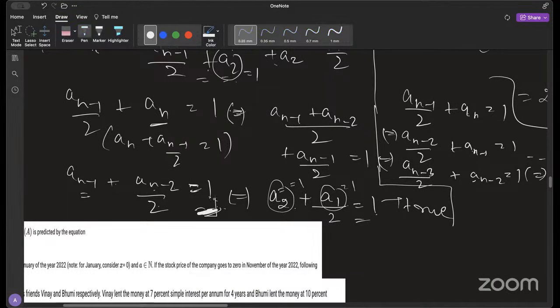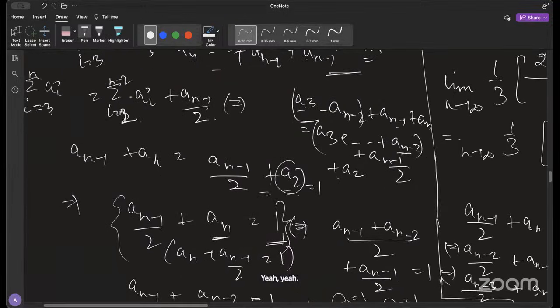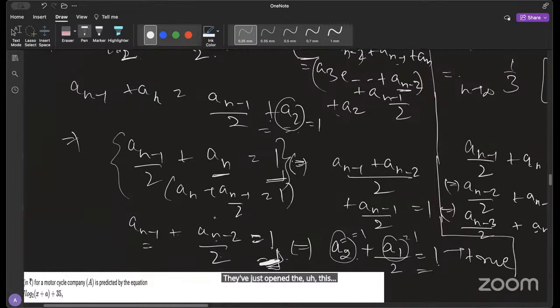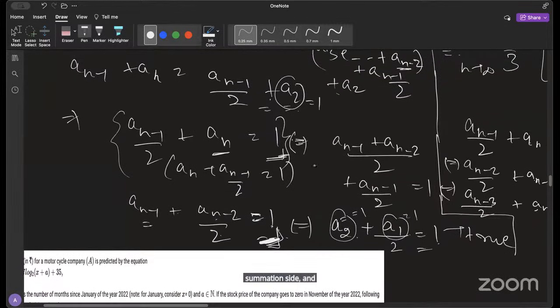It's here only. You're clear till just this part, right? This part is just a simplification of what's written. They've just opened the summation sign, and we end up with this. That's all.